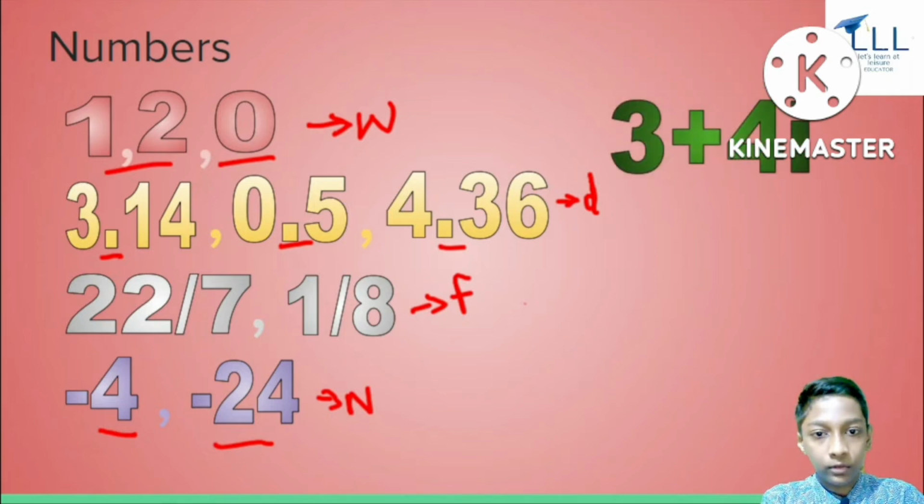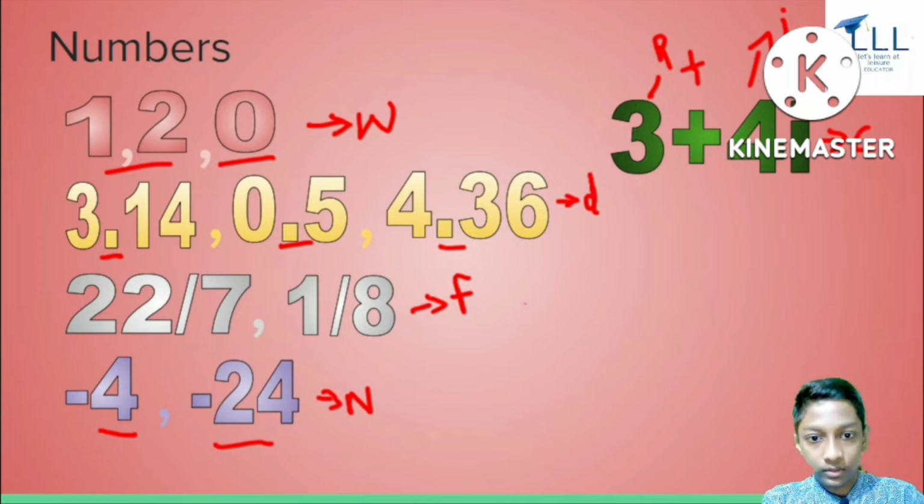Numbers in the form of a plus bi are known as complex numbers. In 3 plus 4i, 3 is a real number and 4i is an imaginary number. So this type of number is known as a complex number.